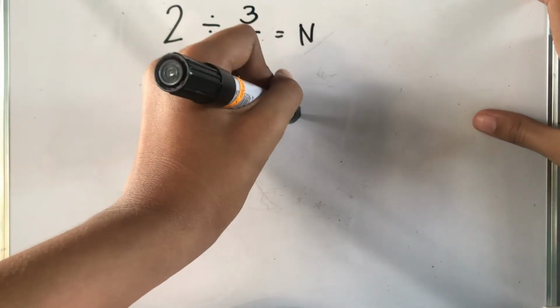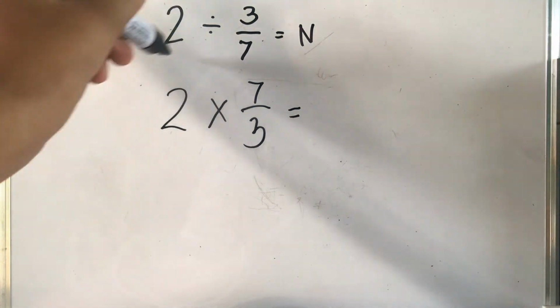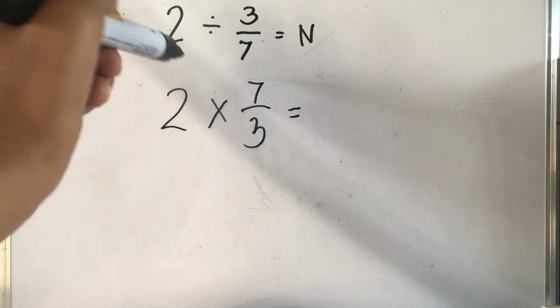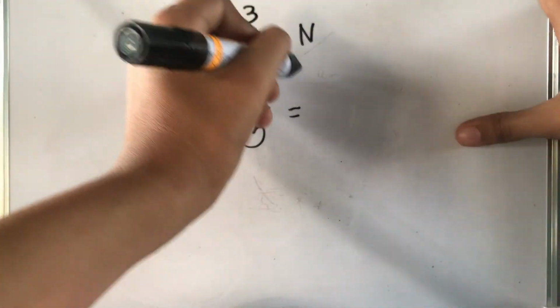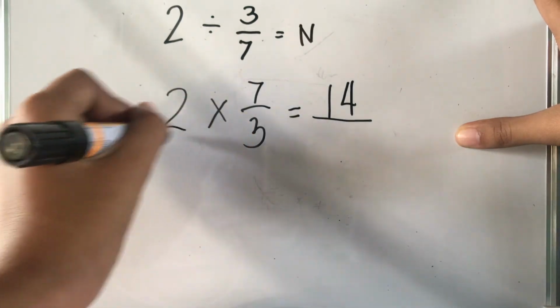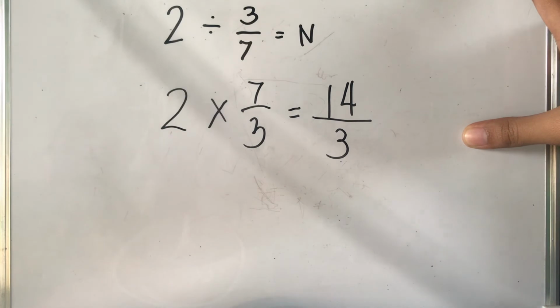This is the same formula, the same steps as we did earlier. Since this is a whole number, automatically this becomes the numerator. So 2 times 7 equals 14 over 3.